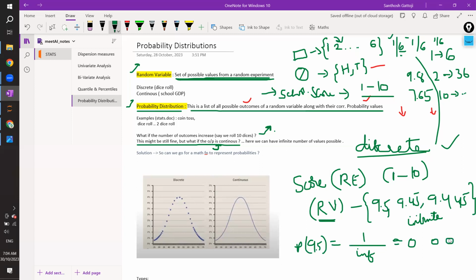The probability will be close to 0 in a continuous variable. Why? Because the possible outcomes are infinite and any value is possible.